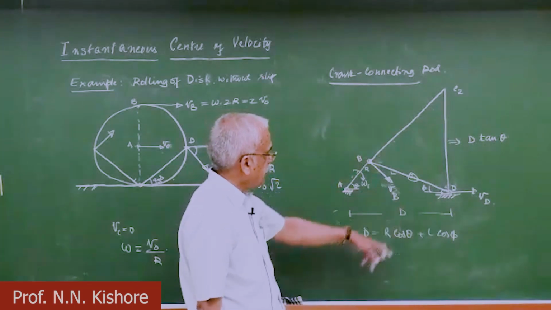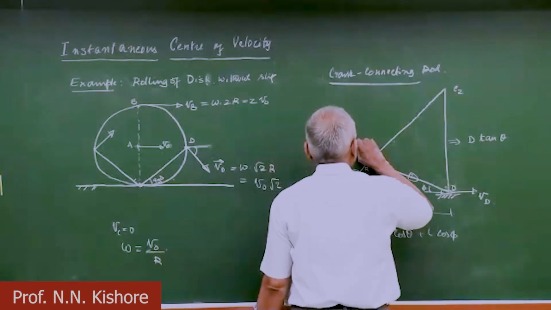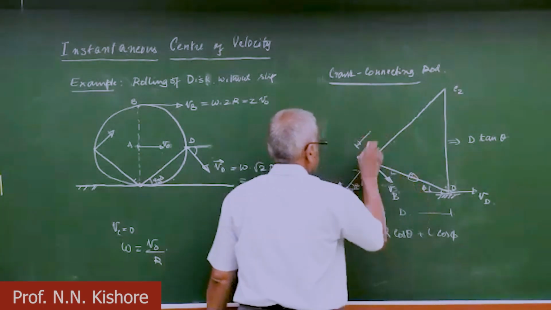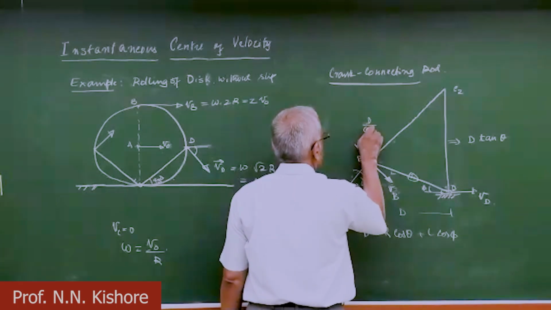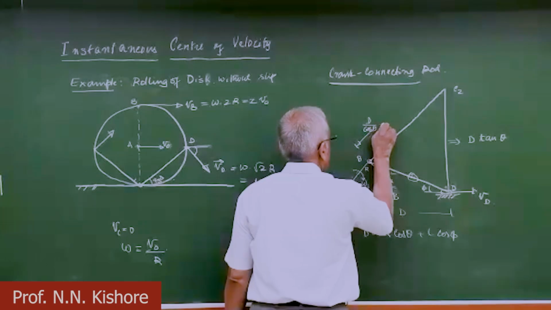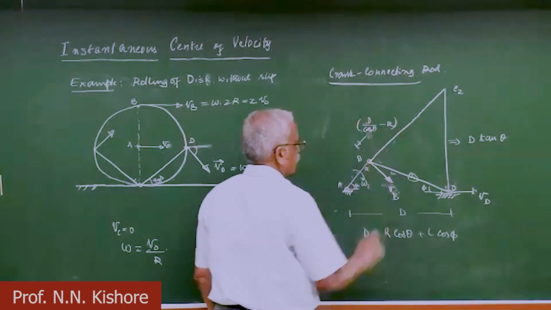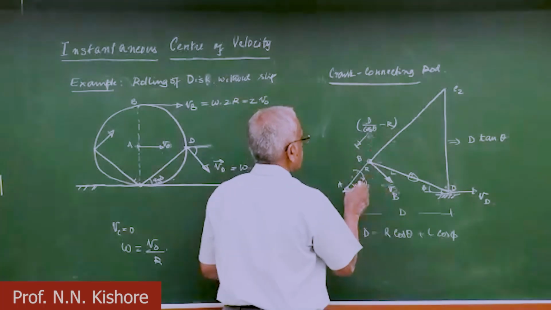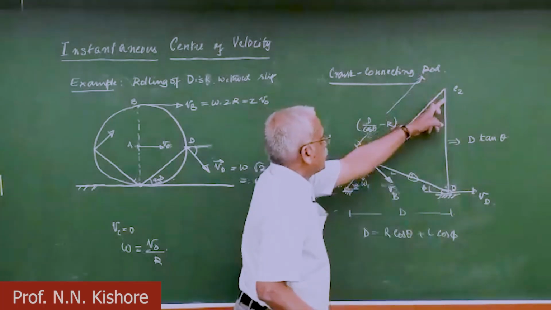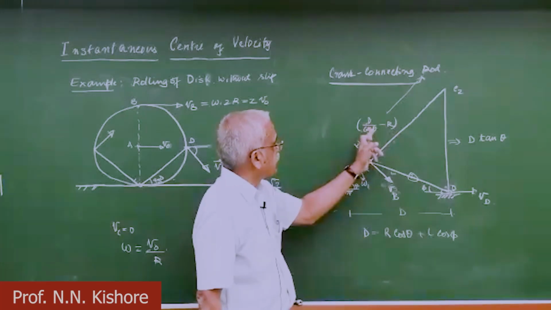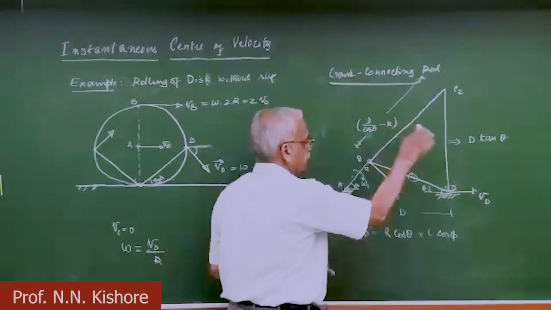And then this distance, how much is that? It's D by cos theta minus R. I need only the distance B to C2. The total distance is D by cos theta, minus R, so that will give me this distance.